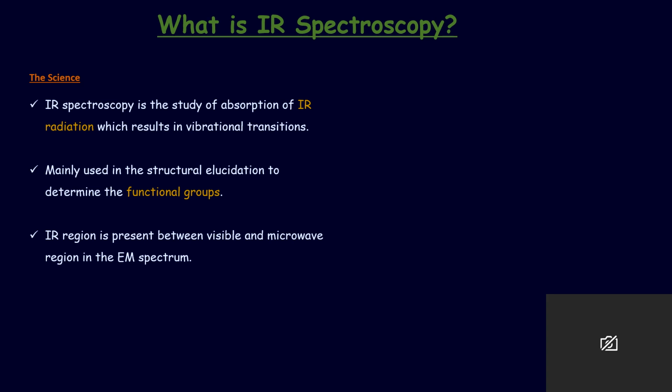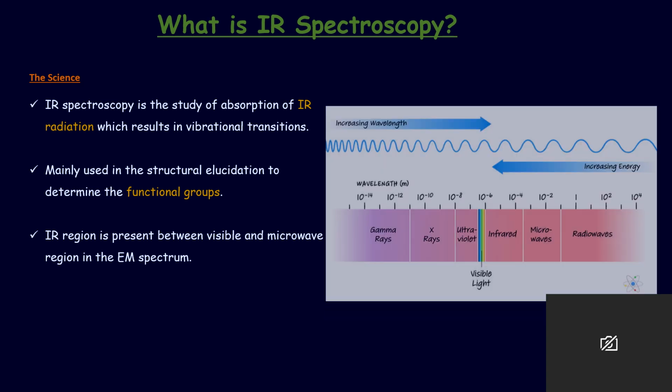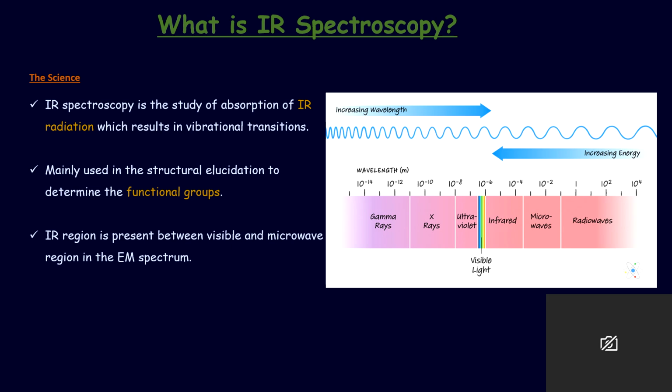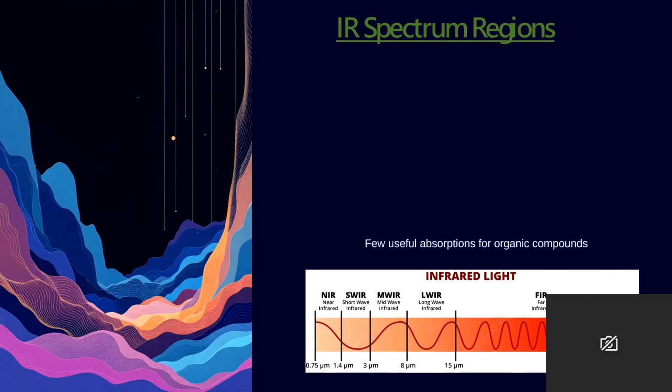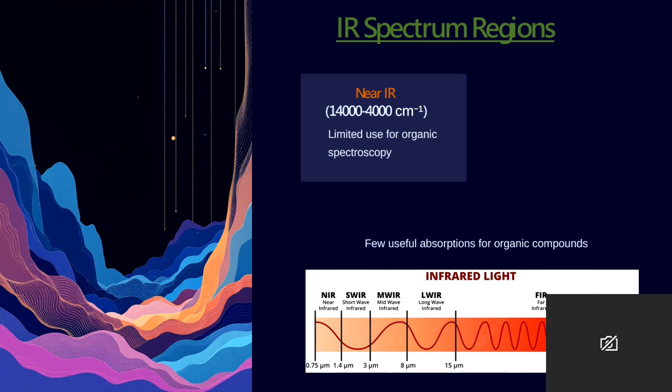In IR spectroscopy, we use IR radiations which cause vibrations in the molecules. The IR region is present between the visible region and the microwave region of the electromagnetic spectrum. This IR radiation is further divided into three parts. That is near IR region, which ranges from 14,000 to 4,000 centimeter inverse, and very few organic compounds absorb in this region.